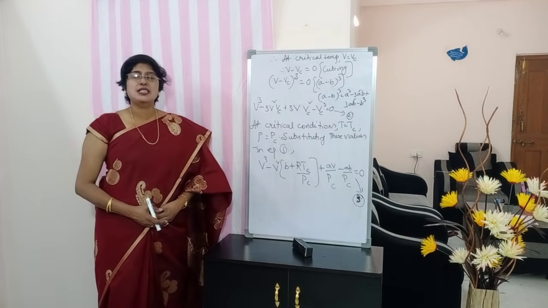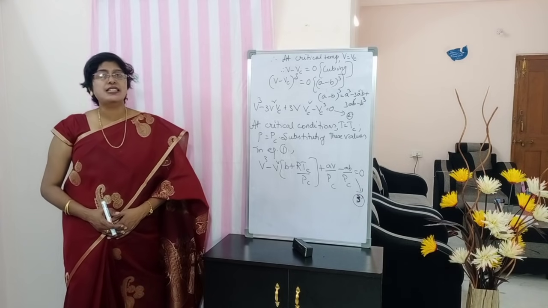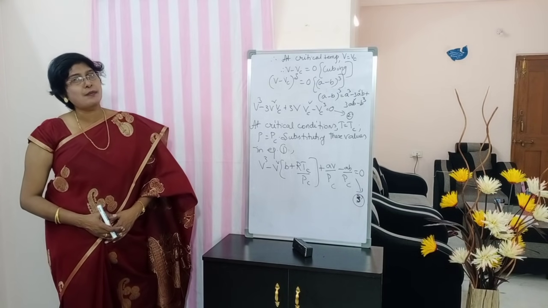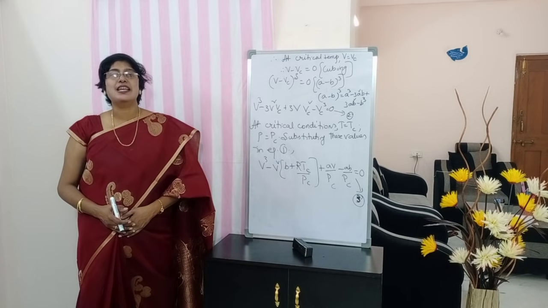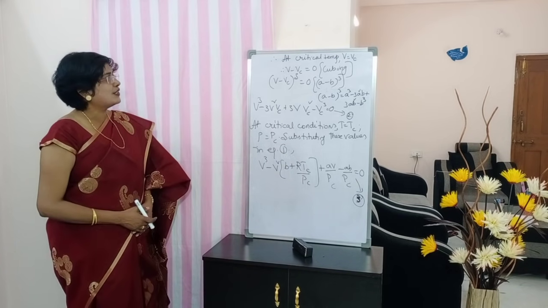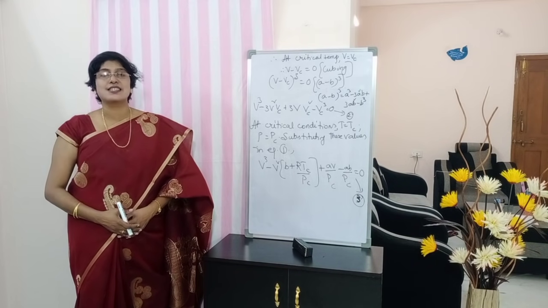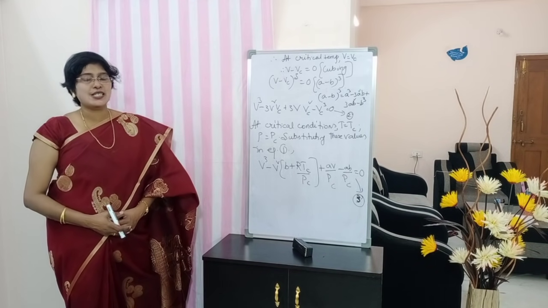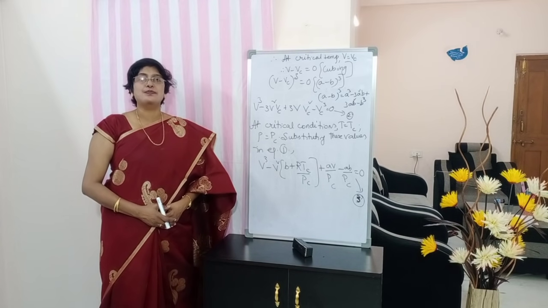V minus Vc whole cube is in the form of A minus B whole cube, which is equal to, students, do you remember? This is a 10th class mathematical equation. A minus B whole cube is equal to A cube minus 3a square b plus 3ab square minus b cube.